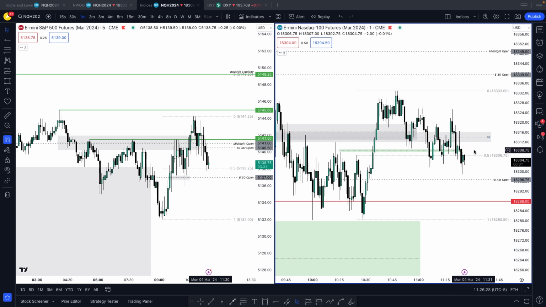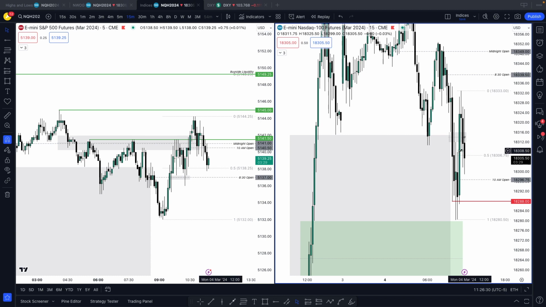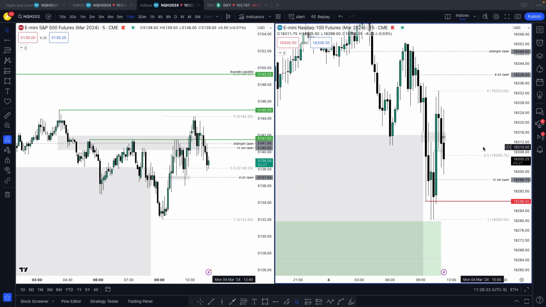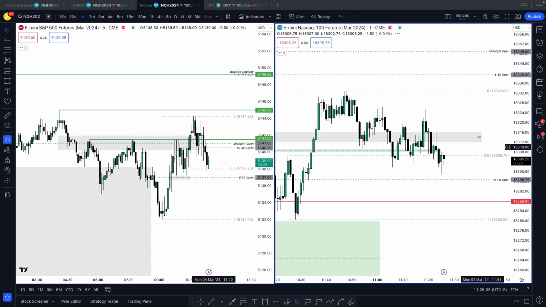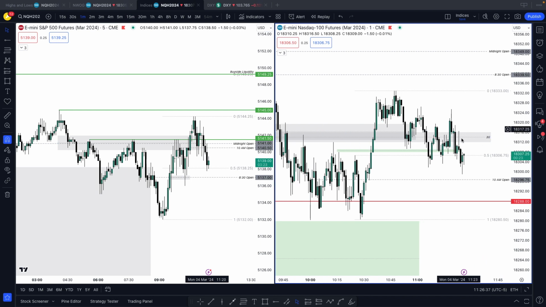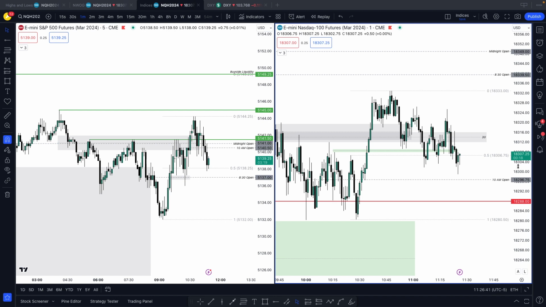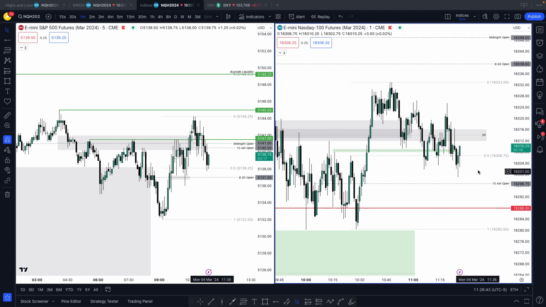And we're below the 15-minute BISI as well. So at the moment, we're not seeing respect for those as discount arrays. You want to be watching based on candle closure. But let's see how these continue to be respected or disrespected.